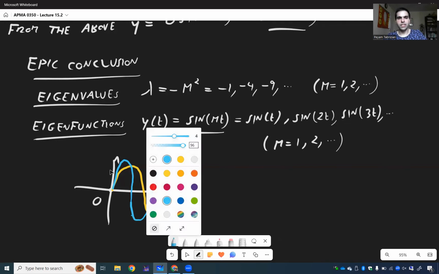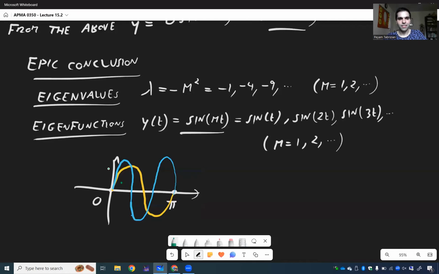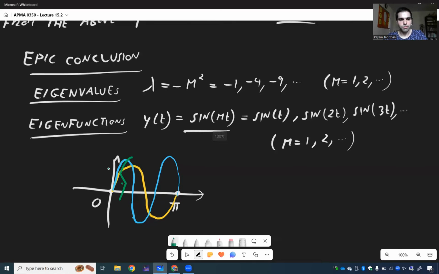And then it just oscillates more and more, which is really cool. So maybe something like this. So I think sine of 3t oscillates 3 times. 1, 2. Maybe like this. So it just oscillates more and more.